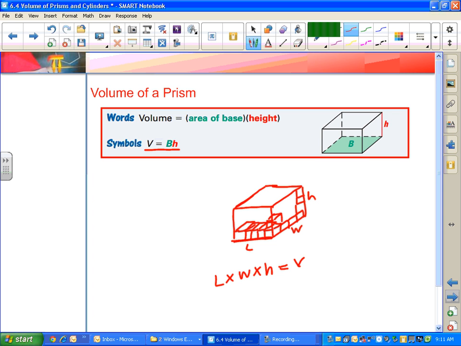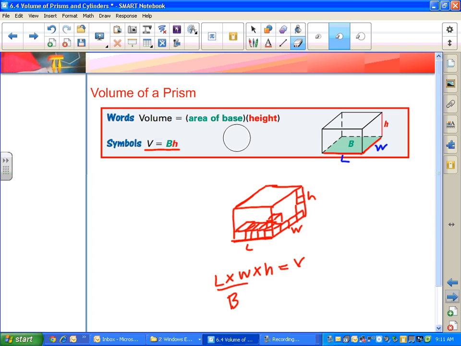The length times the width times the height gives you the volume. But if you think about it, the length times the width is actually equal to the area of the base, right? If we look at this picture up here, here's the length, here's the width. So the area of the base is actually equal to length times width in this example.